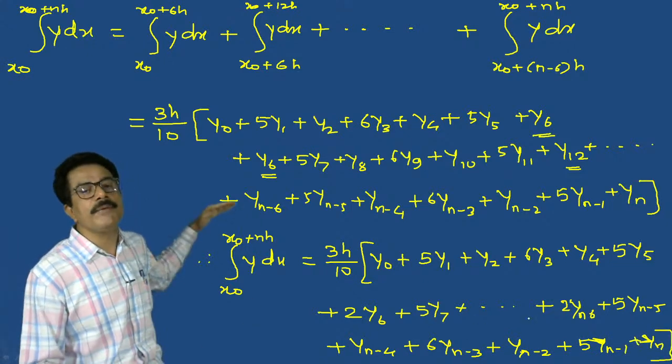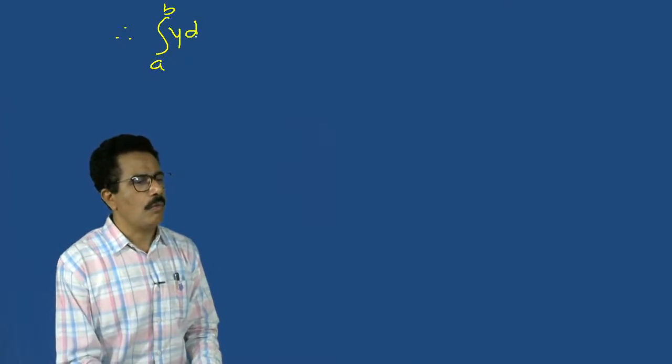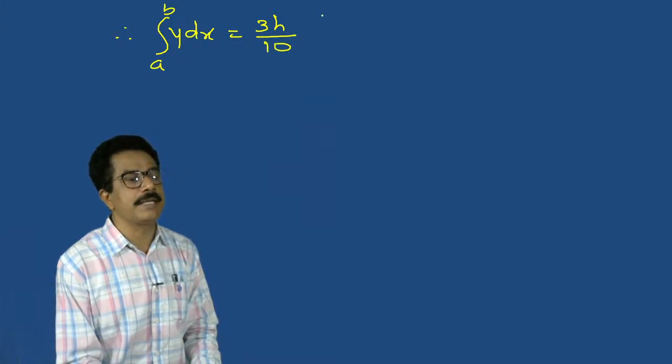And in this way we can write the final formula. Weddle's required formula is the integral from a to b of y dx is equal to 3h by 10. This is the multiplication factor.